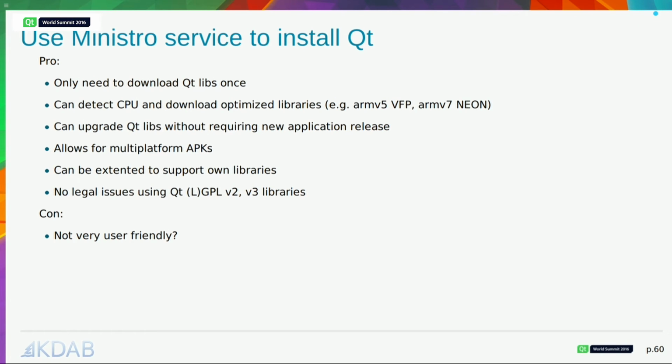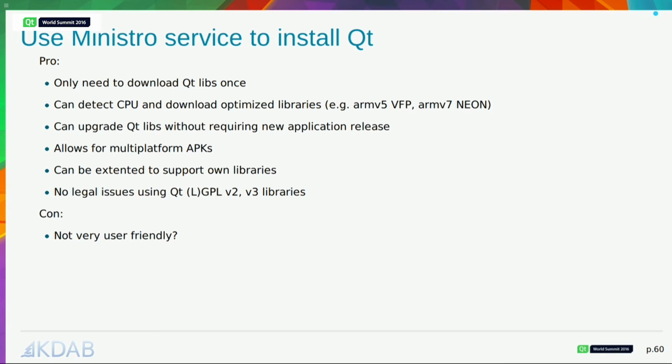The advantage of using Ministro is that Qt libraries are downloaded only once. It can detect your CPU features and download optimized libraries. For instance, for ARM5, it will download ARM5 with VFP enabled if the CPU supports it, and on ARMv7 it downloads the libraries with Neon. It can upgrade Qt libraries without requiring you to rebuild and re-release your application.